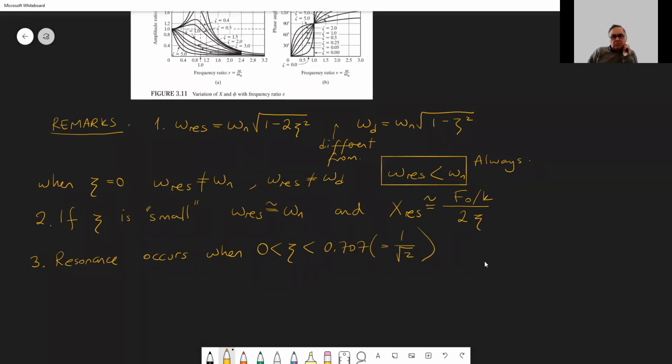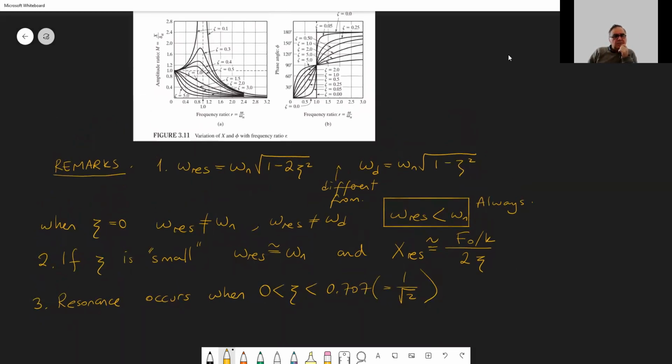Resonance occurs only at a certain range of zeta. That is, when the damping is between 0 and 0.707. When the damping is 0.707, you don't have a peak in the response.